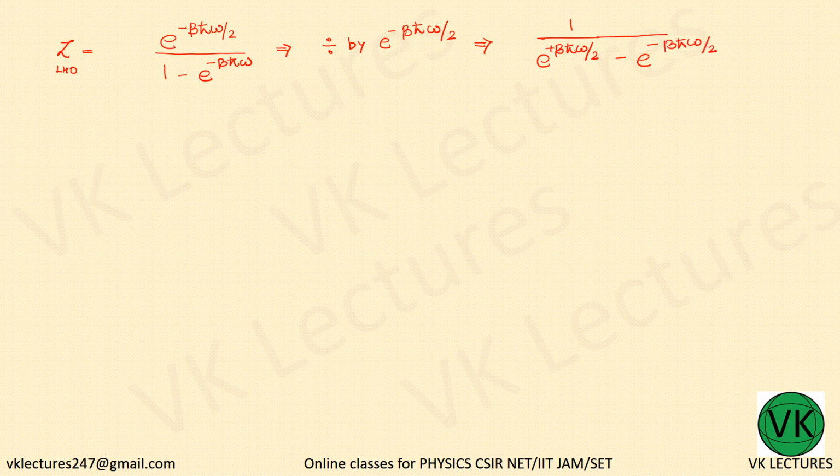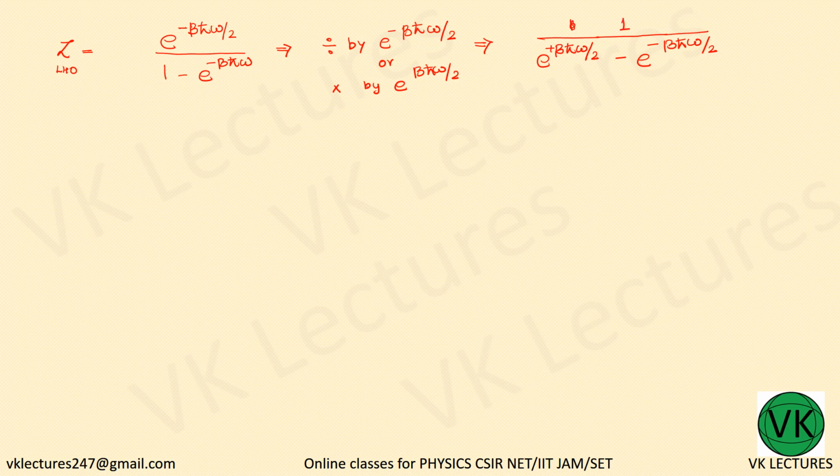So this is the term dividing by e to the power minus beta h cross omega, or what you can do is multiply by e to the power beta h cross omega by 2. This makes it a bit easier. The first term, plus and minus, becomes e to the power 0, that is 1.